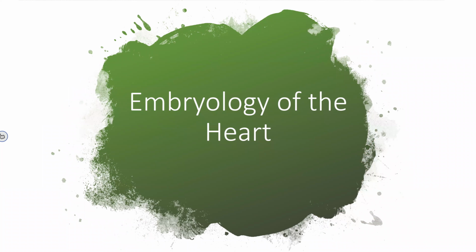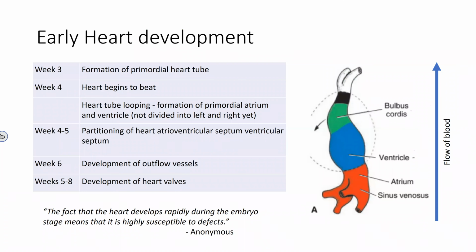So embryology of the heart. For this, this is just what happens in each week. I think the specific weeks are not that useful to remember, but how it works is that blood goes from the atrium, which is at the bottom, to the ventricles, which are at the top, and that's how the blood travels when you start, and then it's the rotation that makes the heart the way that it is.